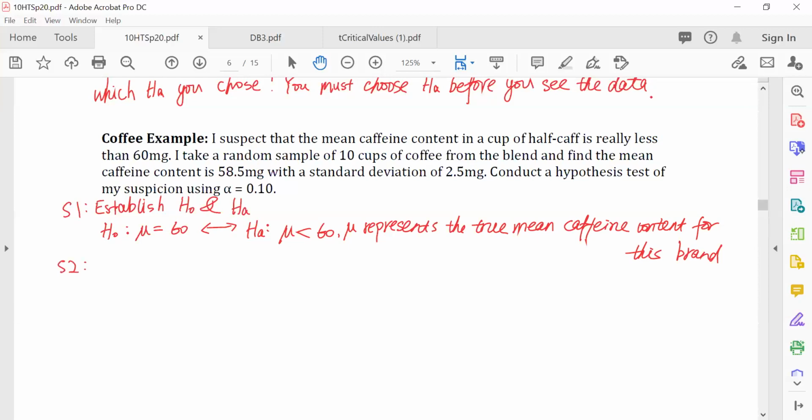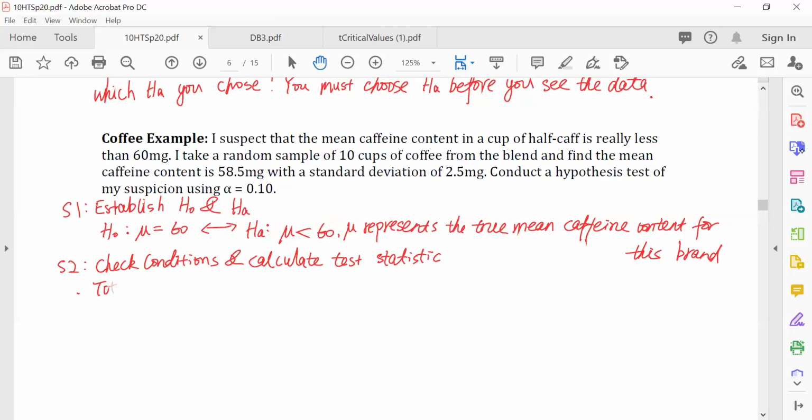The second step is to check the conditions and calculate the test statistic. So let's check the conditions first. The first condition is that it needs to be a random sample, and we have been told that this is a random sample.